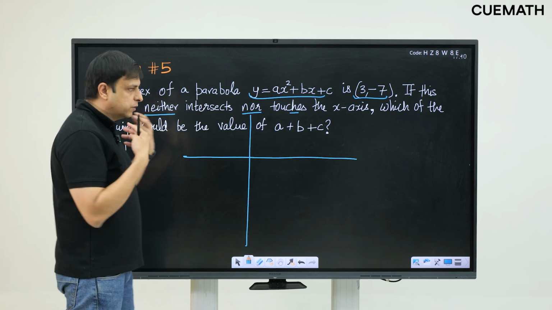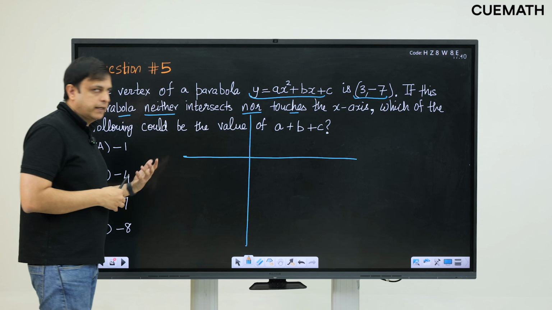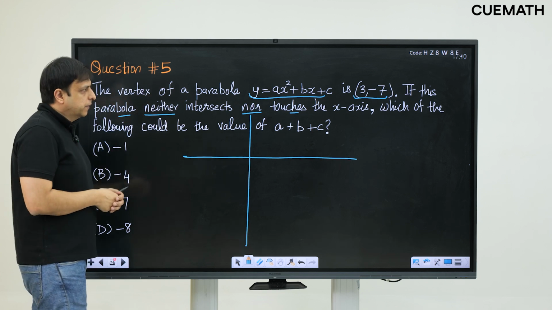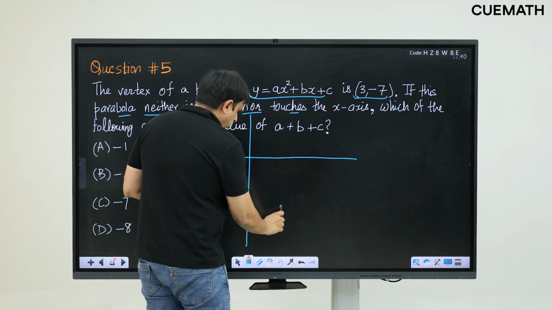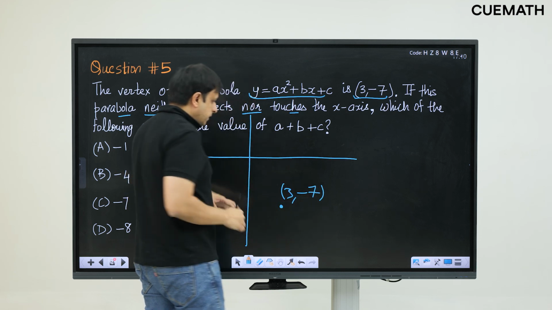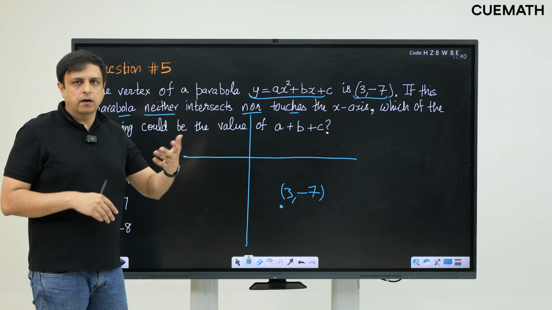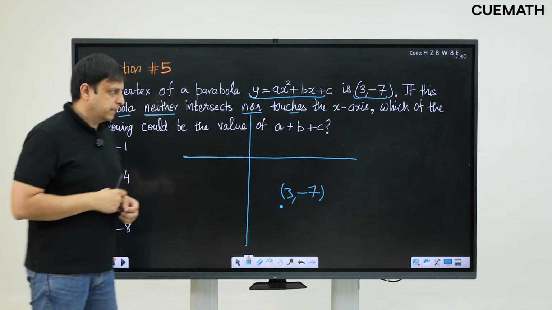Now, once again, if you start thinking graphically about every such problem involving quadratics, solving those problems becomes really easy. In this case, if the vertex is in this quadrant, so let us say this is the point 3 comma minus 7, this is either the highest point of a downward facing parabola or the lowest point of an upward facing parabola.